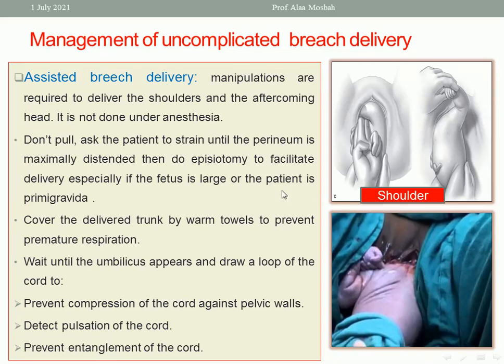Assisted breech delivery, as I mentioned before, the doctor will assist the delivery of shoulder, as in this picture, bringing down the arms, then delivery of the aftercoming head. As you see, the doctor inserts 2 fingers in the cubital fossa to help flexion of the arm, then withdraws the hand in front of the chest of the baby smoothly and gently downward for both shoulders.